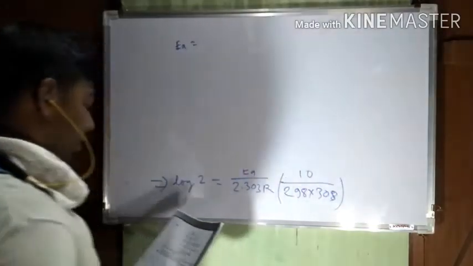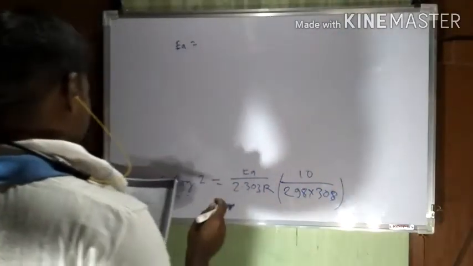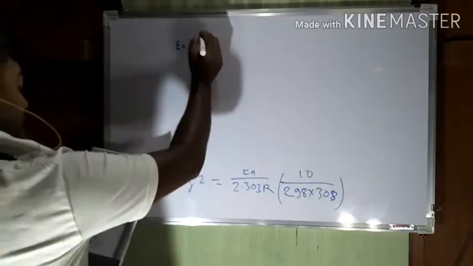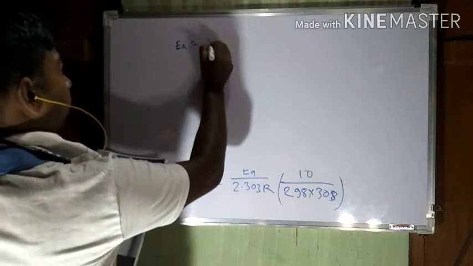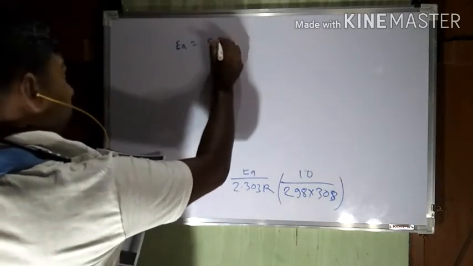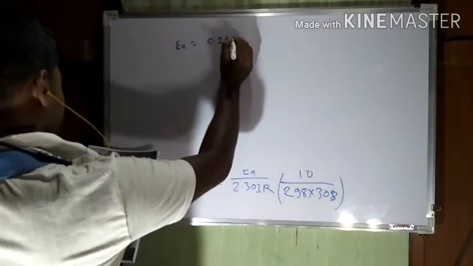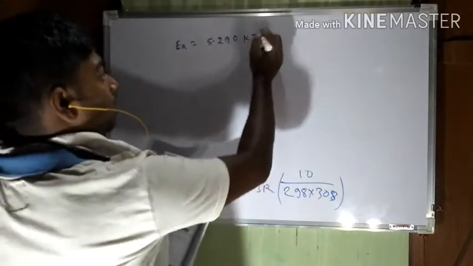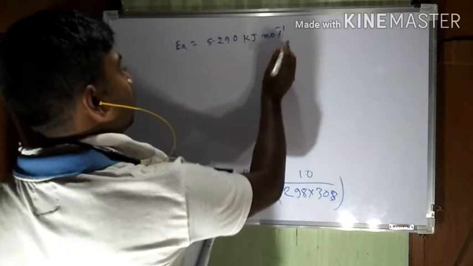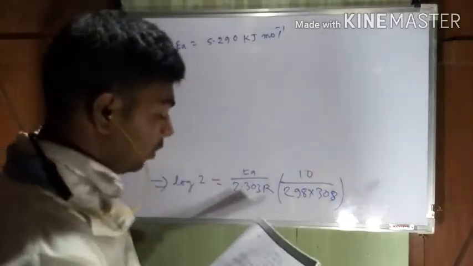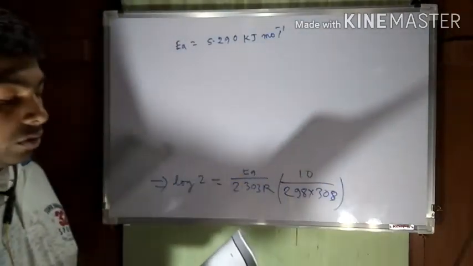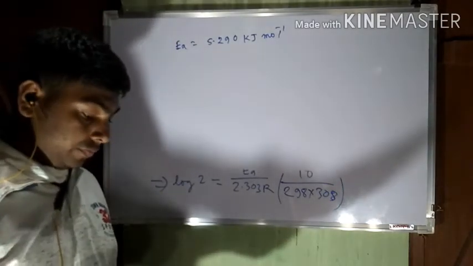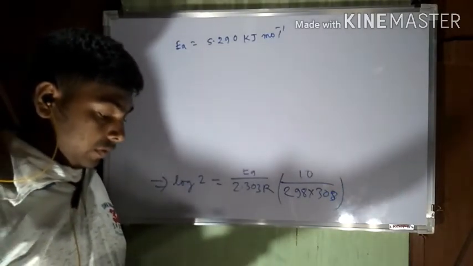I'm just writing the answer directly, but you calculate the EA. You have EA equal to 2.290 kilojoule per mole. Next question.